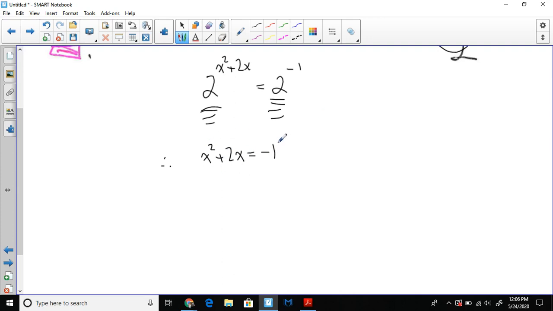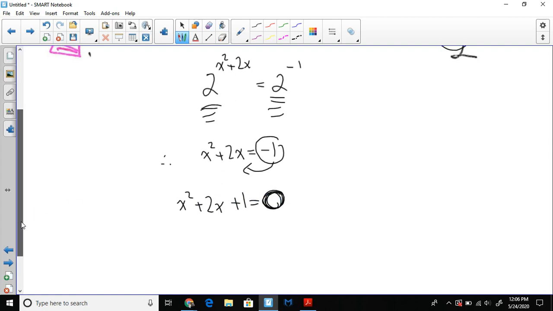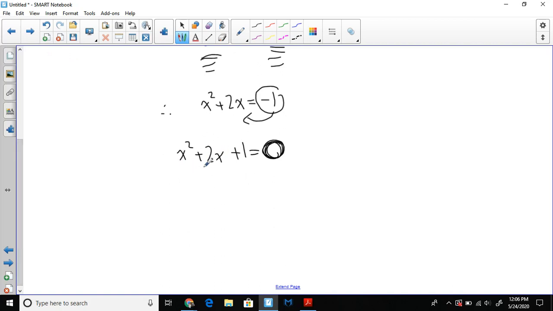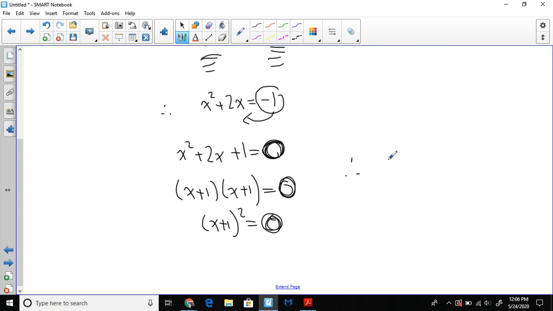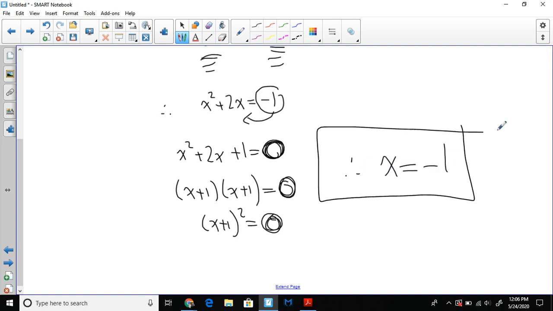I'm going to take this minus 1 and throw it across, because I solve quadratics when the entire equation is equal to 0, okay? And then here I say, well, what two numbers add to 2 and multiply to 1? Well, that's just x plus 1 and x plus 1 equals 0, which is just x plus 1 squared equals 0. So here my answer, x is negative 1, is my final answer.